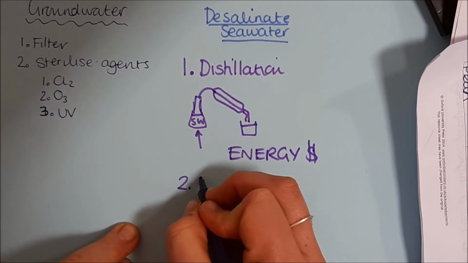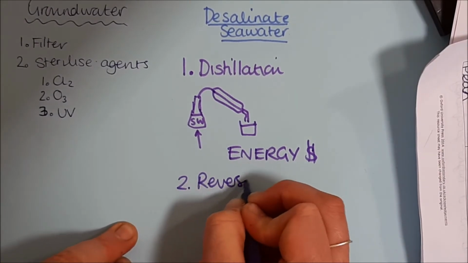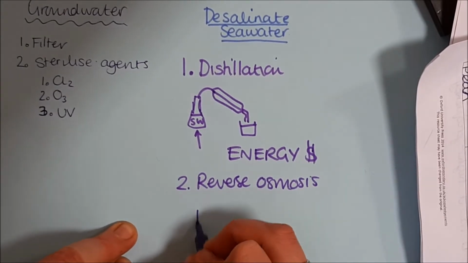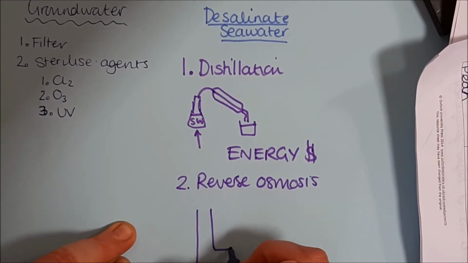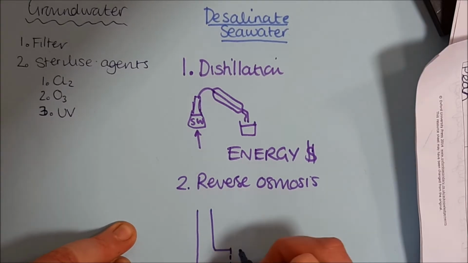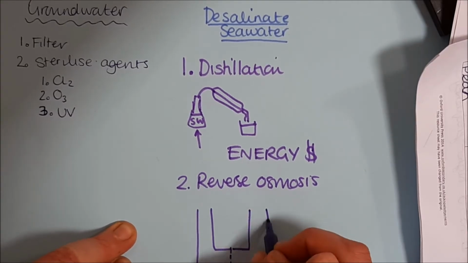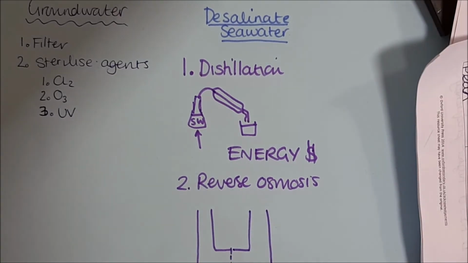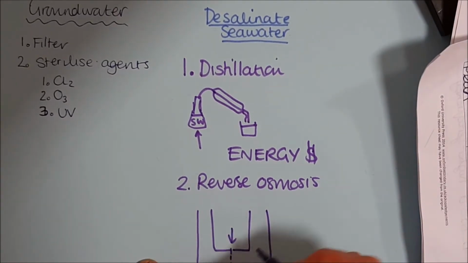The other method is reverse osmosis. And again, another classic Mrs Corbett diagram. Osmosis is the movement of water particles along a concentration gradient across a partially permeable membrane. That's my membrane.